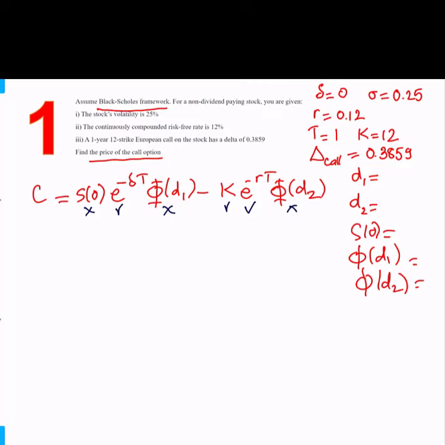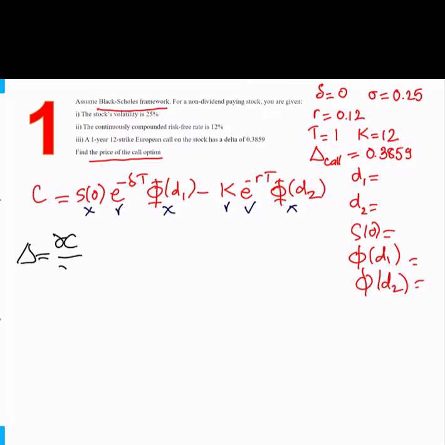We haven't used anything about delta call yet. Here we have delta call is 0.3859, but our question is how to use it. Just write out the formula of delta call. Remember, delta call is the partial derivative of the call price with respect to the stock price.